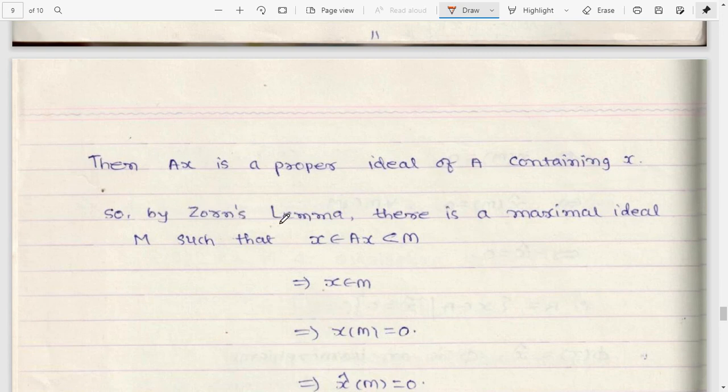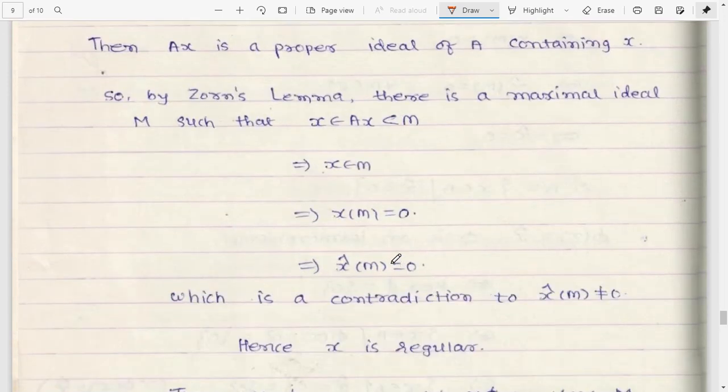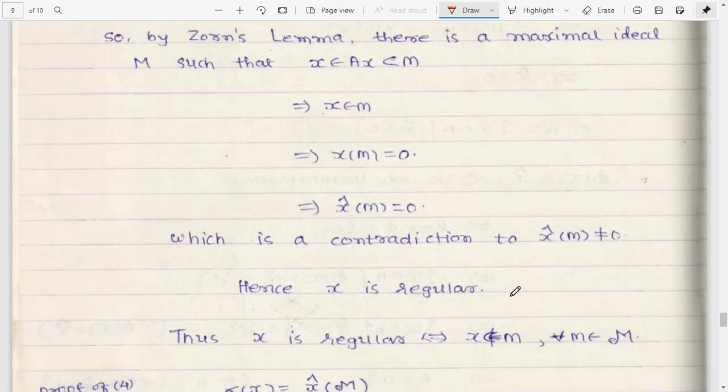By Zorn's lemma, there is a maximal ideal M such that x belongs to Ax subset of M. This implies x belongs to M, so x of M is equal to 0. We know that x of M is equal to x cap of M equal to 0, which is a contradiction to x cap of M not equal to 0. Hence x is regular.